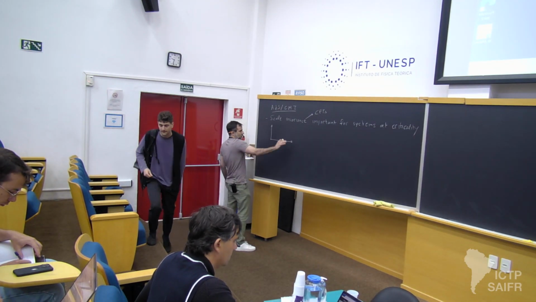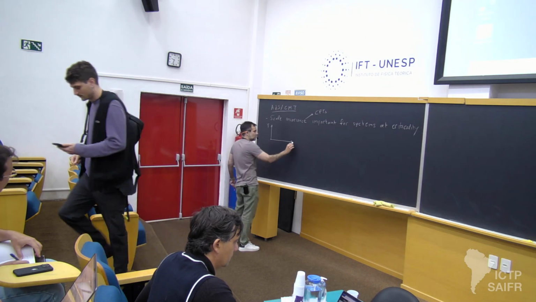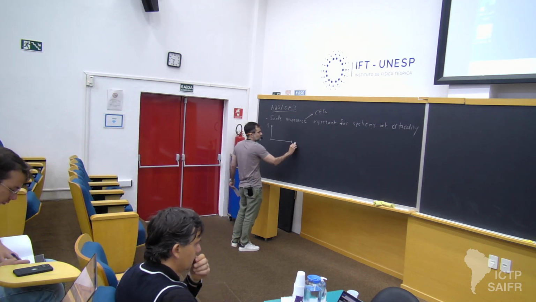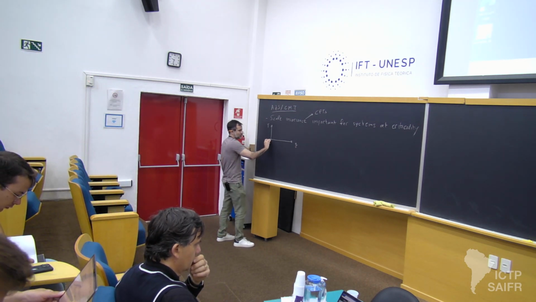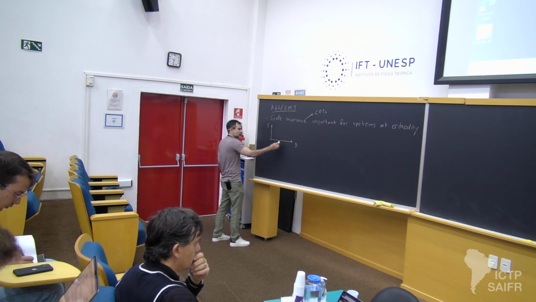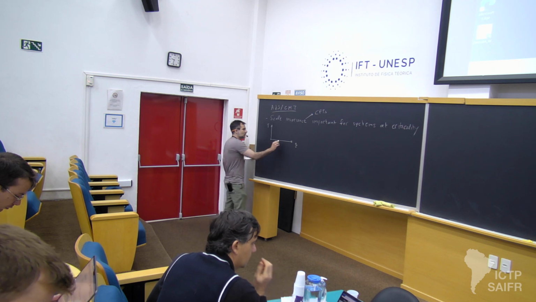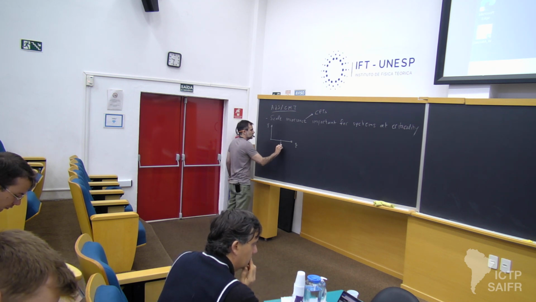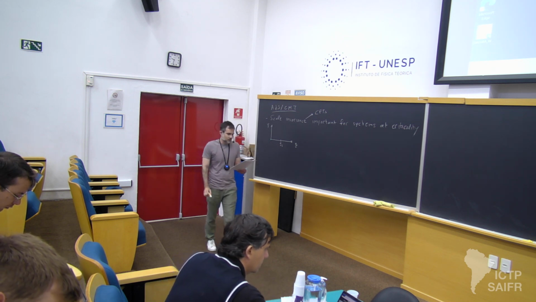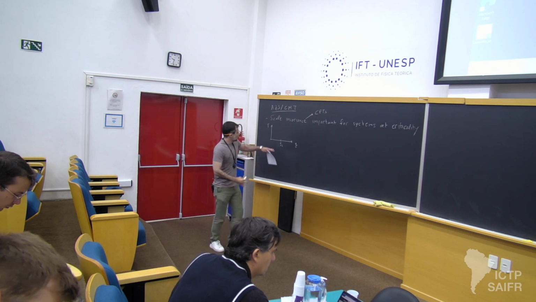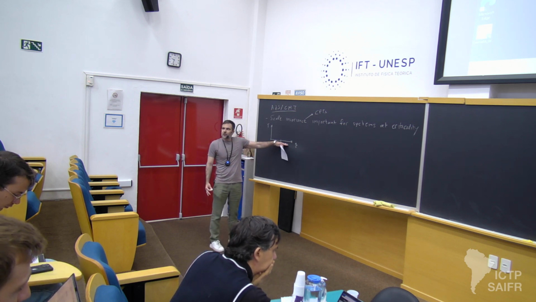So let's say this axis is temperature, and this is some sort of coupling in the system, g. Let me stick at exactly zero temperature, and say that as I vary this coupling, there is a critical value for this coupling constant, under which you go from one phase of the system to another.